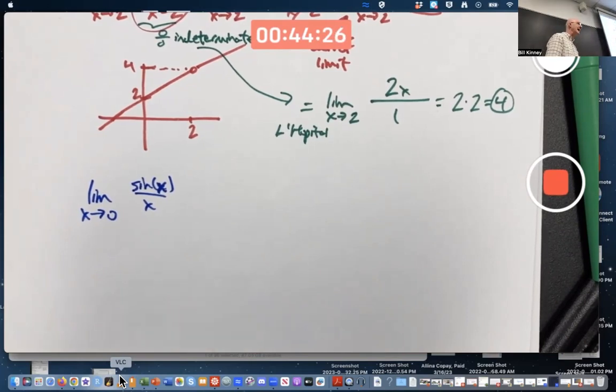Can I cancel the x's and say the answer is sine? No. You can't cancel those x's. It's not sine times x, it's sine of x. You have to do it as it is, which then makes it feel like there's nothing you can do besides calculator experimentation.